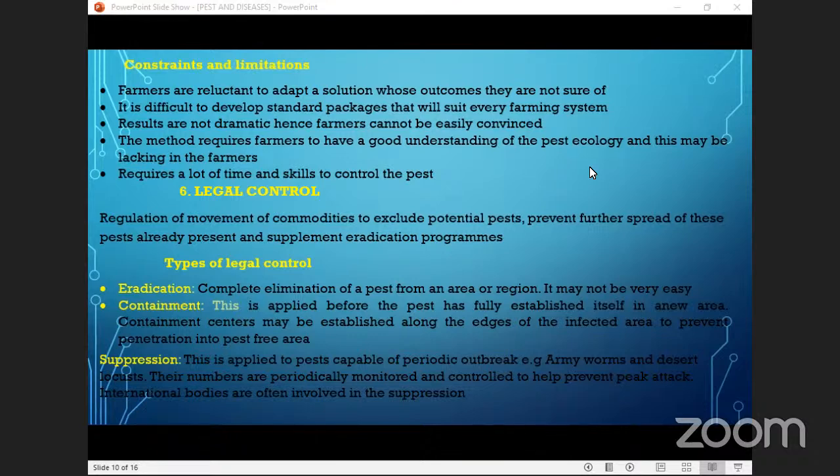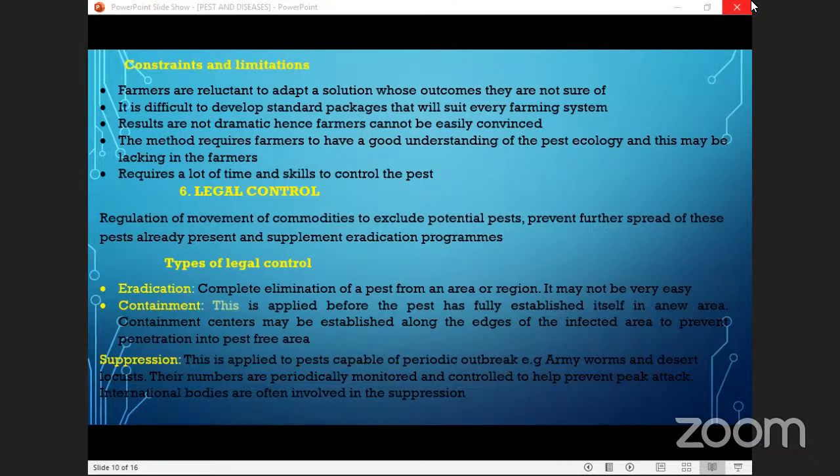If you discover that in Mpigi district, there is a pest which affects beans, you tell farmers, let other farmers not bring their beans into this district of Mpigi, such that we first contain this disease. Don't move produce or crops out of this containment area, in order to eliminate the disease from that area only.